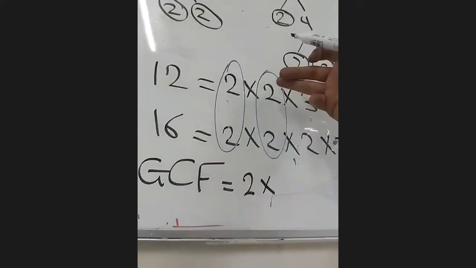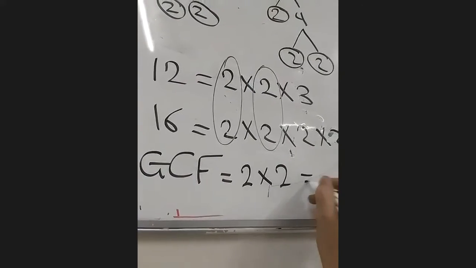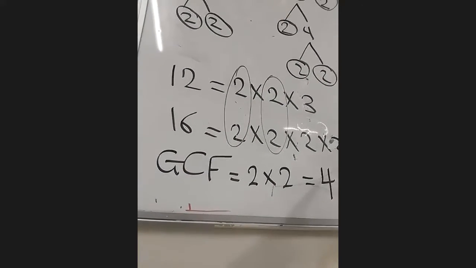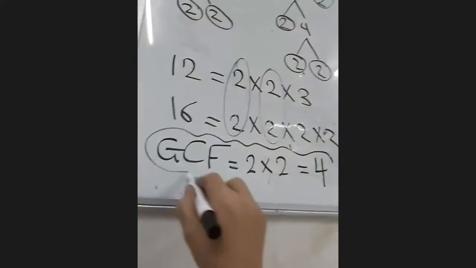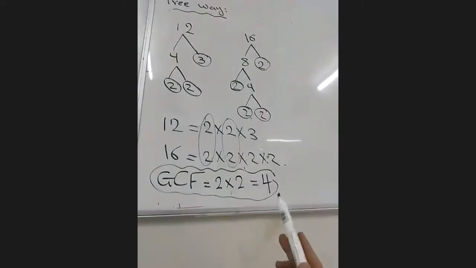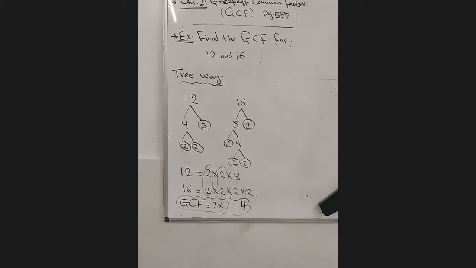The second group, 2 and 2. Take one of them and find the answer. 2 multiply 2 is 4. So the greatest common factor of 12 and 16 is what? 4. This is the greatest common factor.